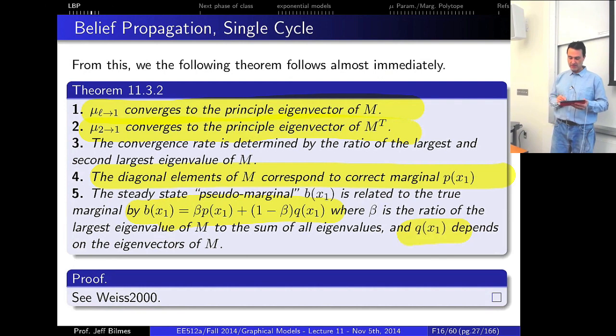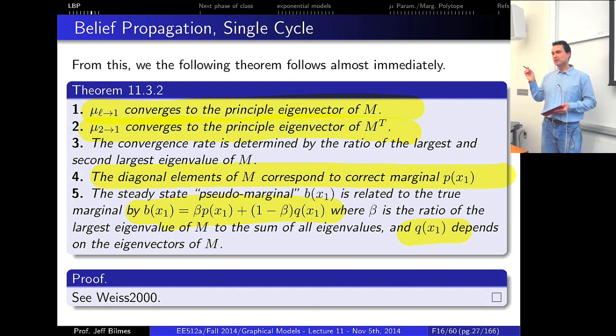And the mixing ratio is going to depend on how much bigger the largest eigenvalue is from the rest of the eigenvalues. Okay, so what this means is the following.